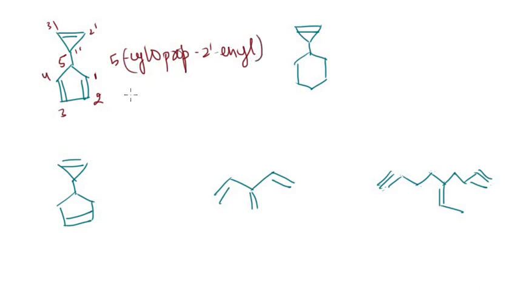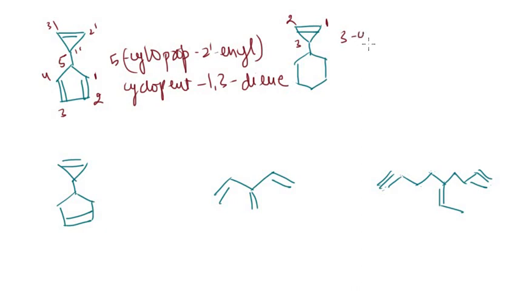Then cyclopenta-1,3-diene. In that particular case, 1, 2 and 3, we will consider this as the principal carbon chain because the double bond is present over here.